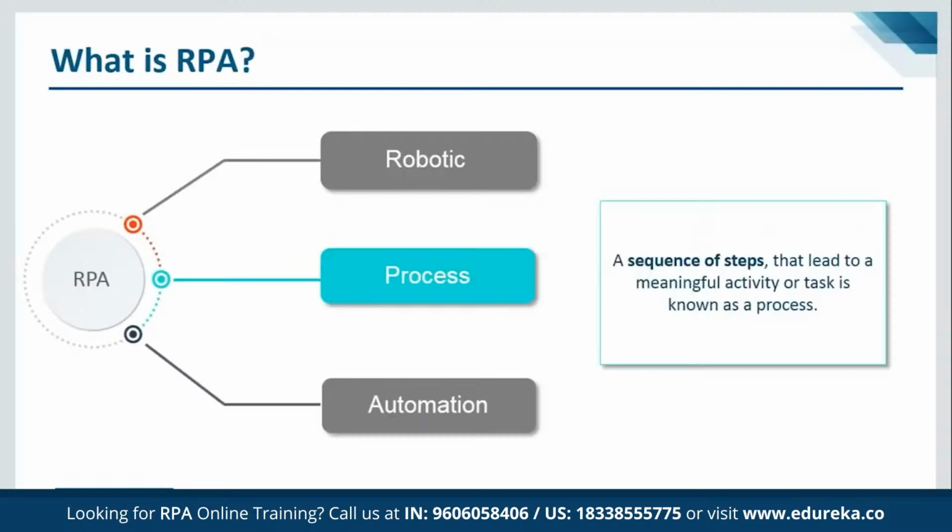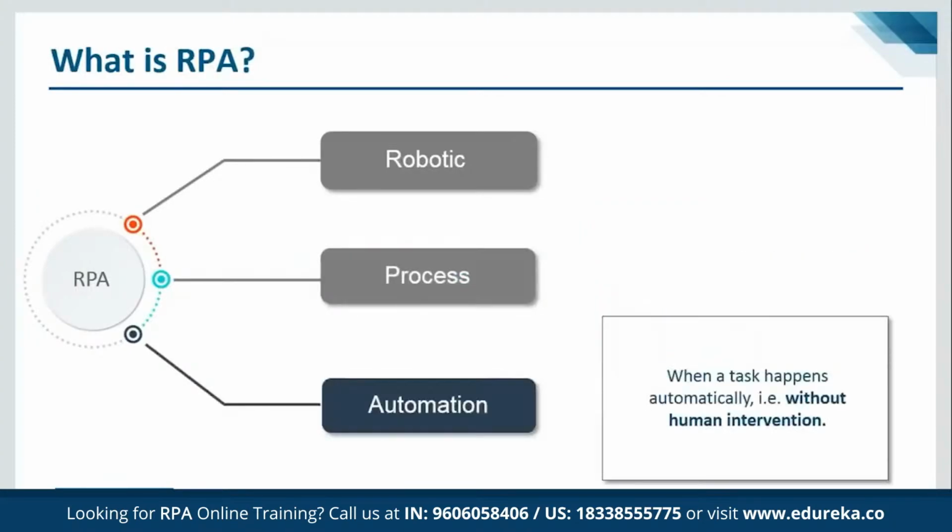For example, you make tea. To make tea, the first step would be to pour some water and let it boil, then put some tea leaves and let it boil, and then pour some milk in it. Your tea is ready. So you did 3 steps, and with the help of these 3 steps your tea is ready. This becomes the process of making tea. Then comes automation.